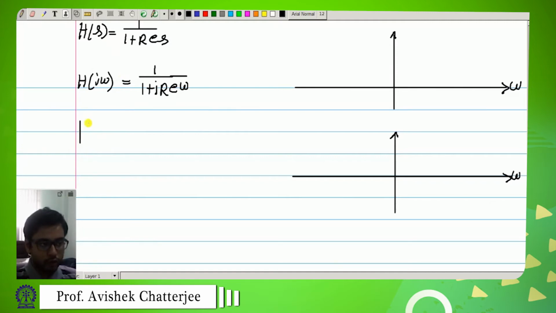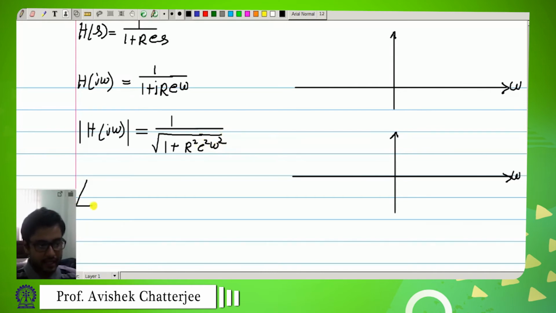So mod of H j omega will be 1 over root over 1 plus R square C square omega square, and angle of H j omega will be equal to tan inverse, the imaginary part is RC omega divided by the real part, that is 1.